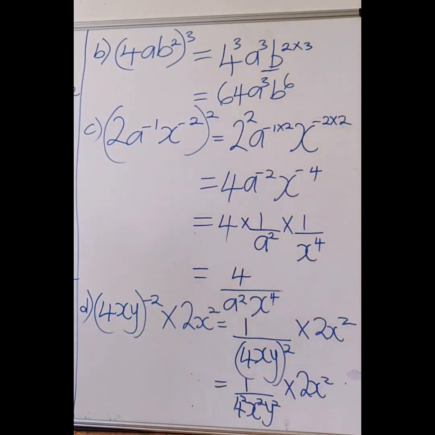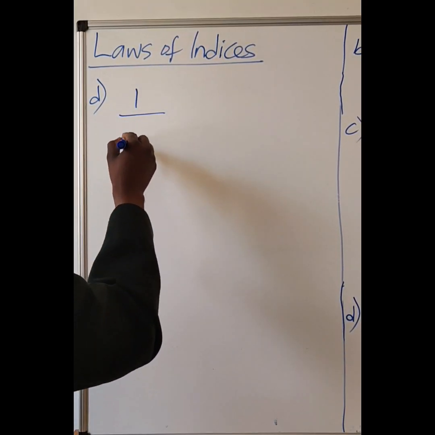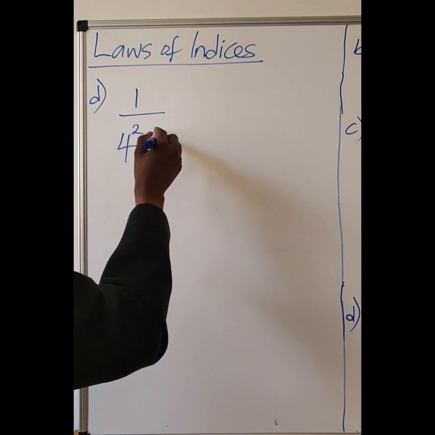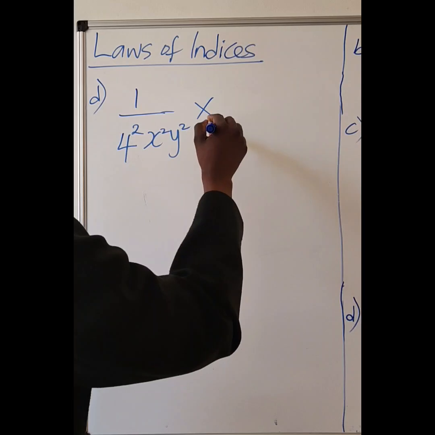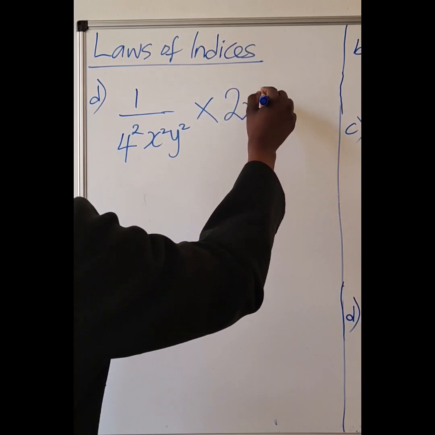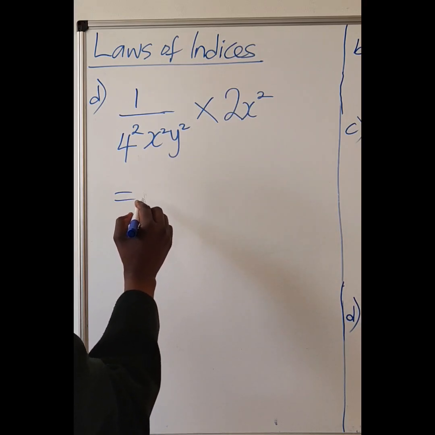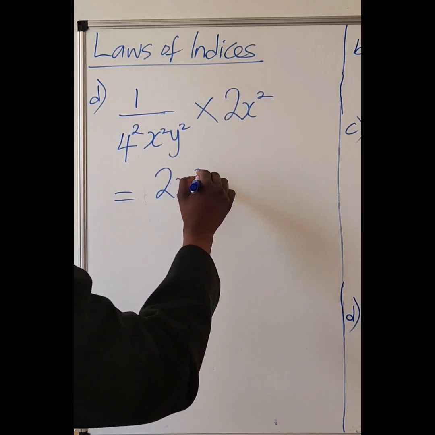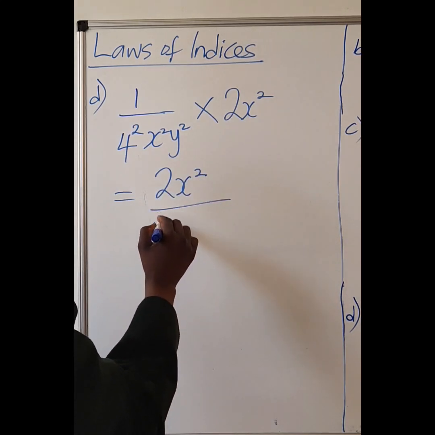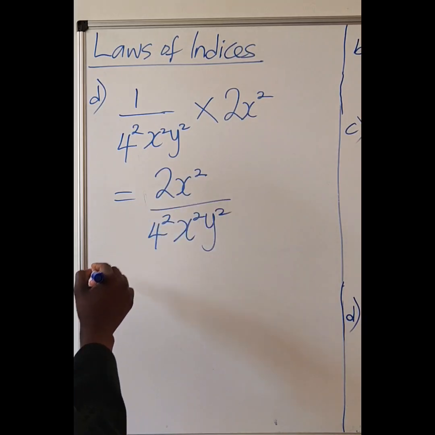We continue with the solution. 1 divided by 4 raised to power 2, x raised to power 2, y raised to power 2, multiplied by 2s raised to power 2. And this gives us 2s raised to power 2 over 4 raised to power 2, x raised to power 2, y raised to power 2.